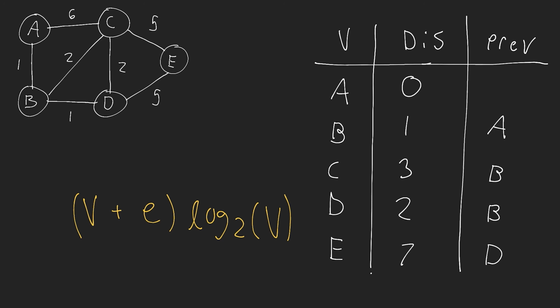So the maximum number of removal operations where we're grabbing the minimum key from the heap is V. And then the maximum number of update operations is E, because we only do an update once for every single edge, and we only do a removal once for every single vertex. So all we have to do is add the vertices and the edges together, and then multiply that by log base 2 of V, and that's going to be our time complexity.